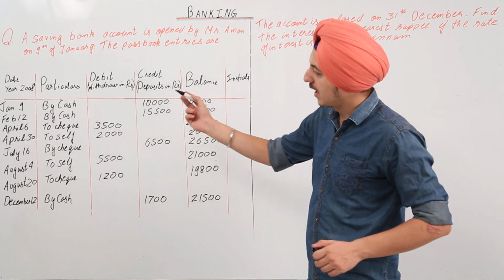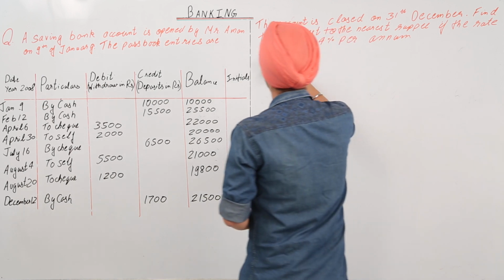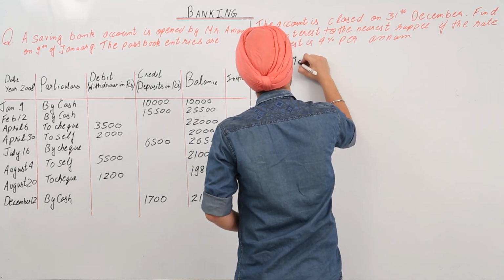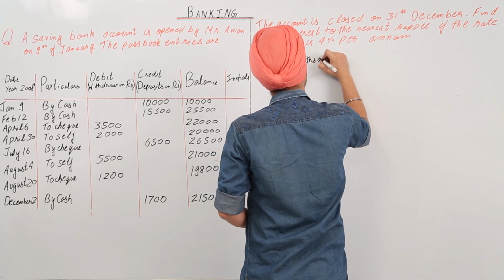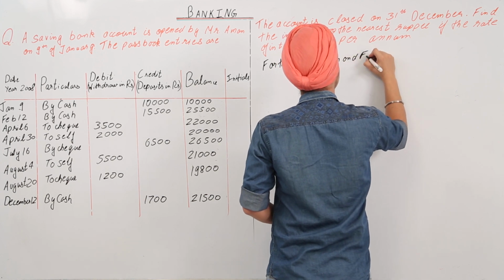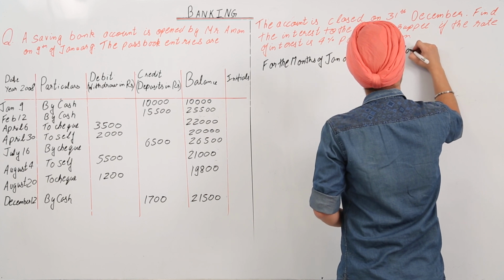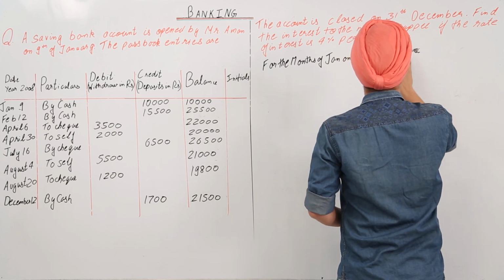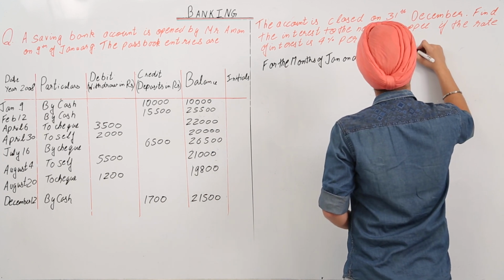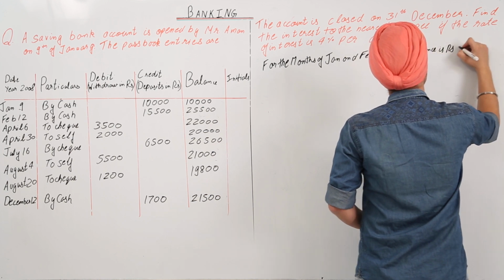So for the months of Jan and Feb, the minimum balance is rupees 10,000 itself.